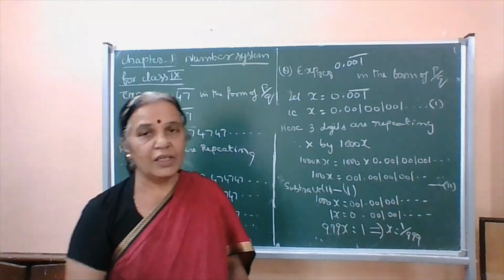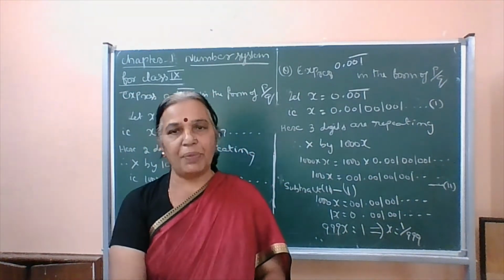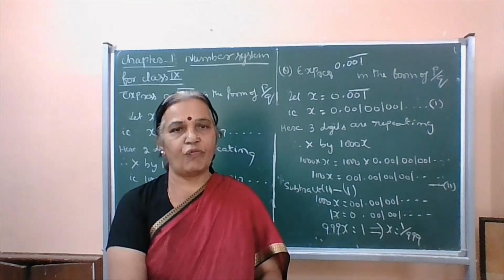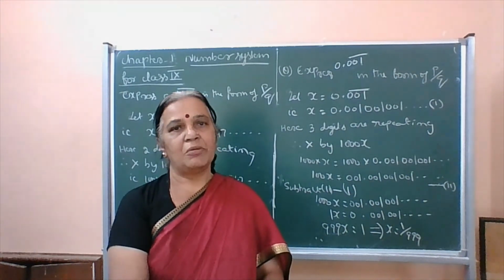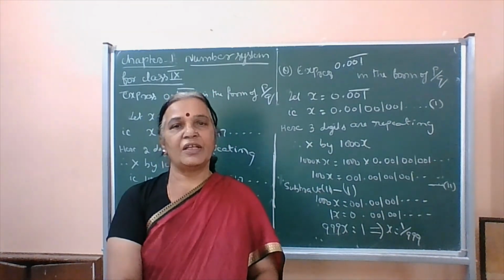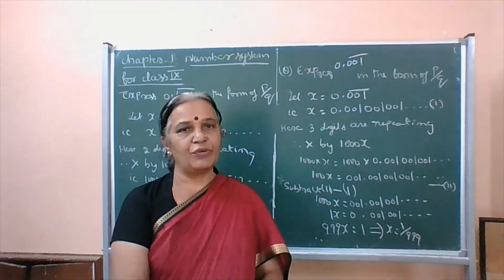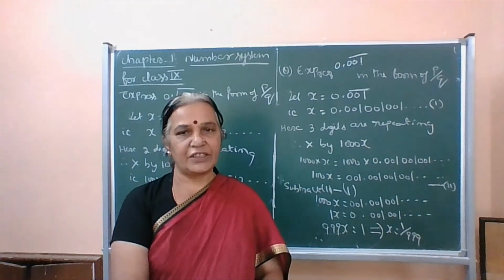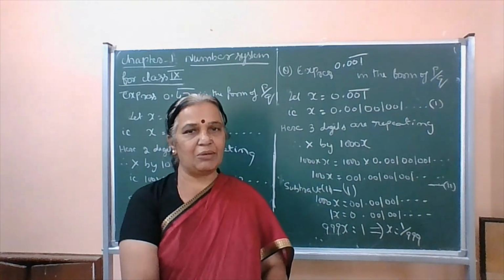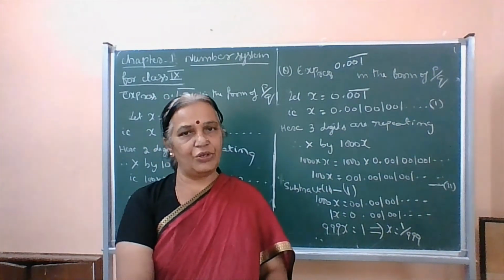Now, here you learned how to convert a repeating decimal in the form of p by q. But if it is not repeating, you cannot write it in the form of p by q. Therefore, they are called irrational numbers. Irrational numbers cannot be written in the form of p by q.